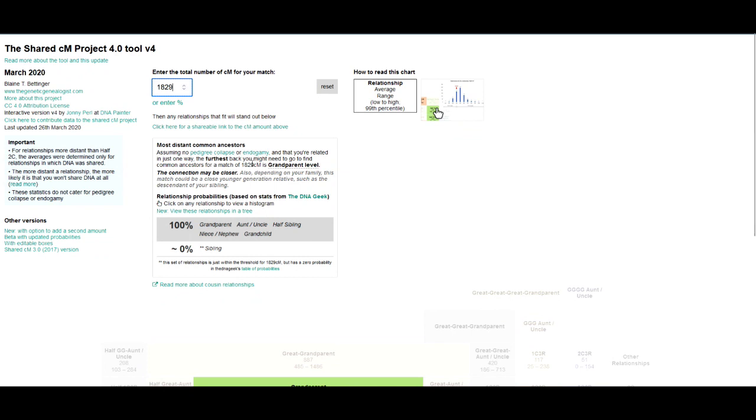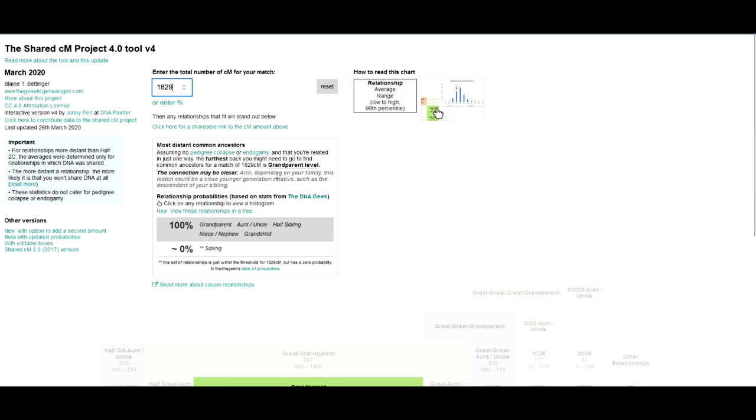So assuming no pedigree collapse or endogamy, and that you're related in just one way, because you could be double cousins, related on the father's side and the mother's side. The furthest back you might need to go to find common ancestors for a match of 1,829 cMs is grandparent level. It's telling you, hey, look at your grandparents, and you will find your answers there, basically.